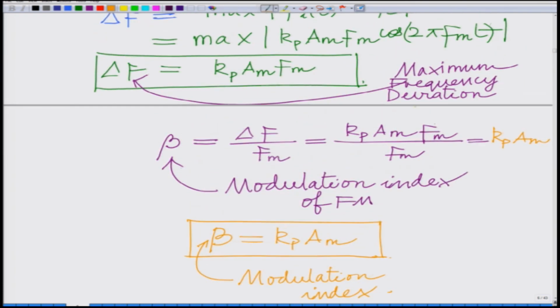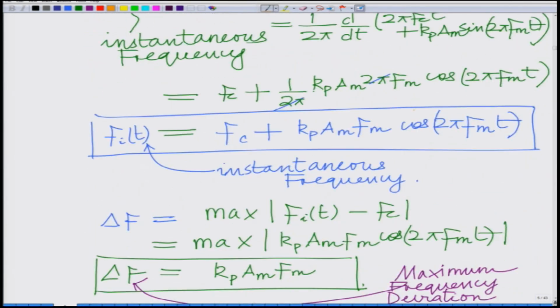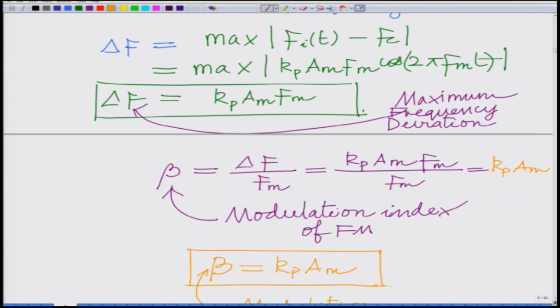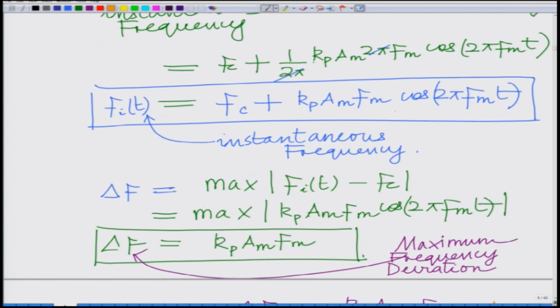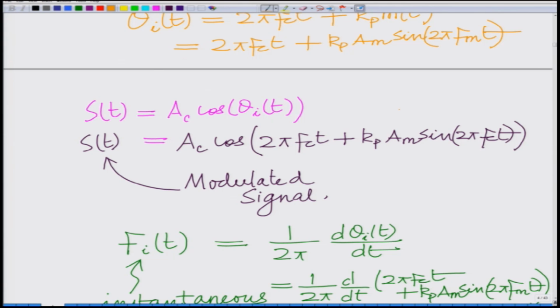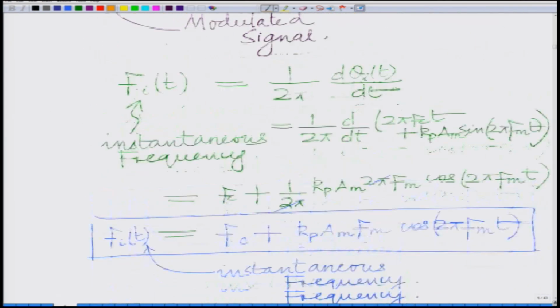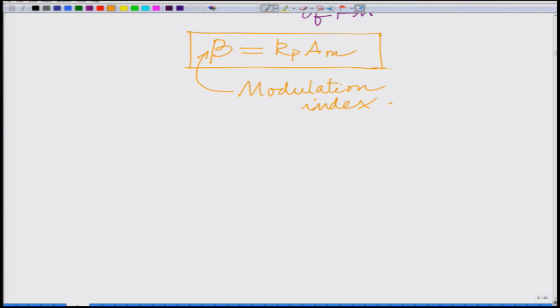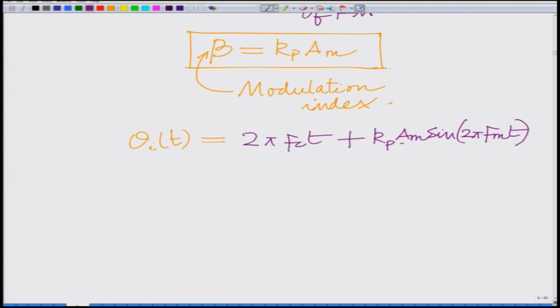And look at this, you can see this k p times a m is also equal to the maximum phase deviation. For instance, if you look at the phase, remember the phase is theta i(t) equals 2 pi f c t plus k p a m times sin 2 pi f m t.